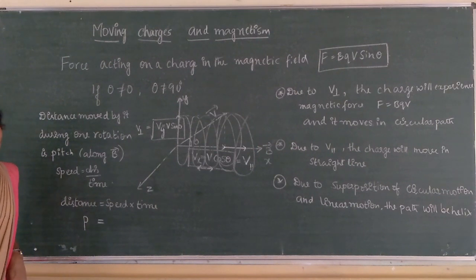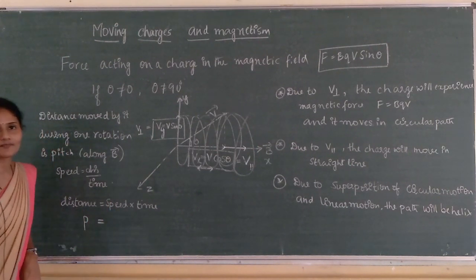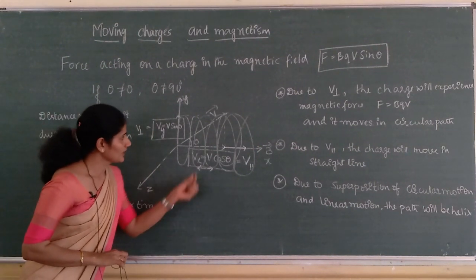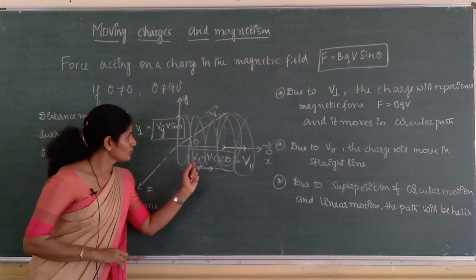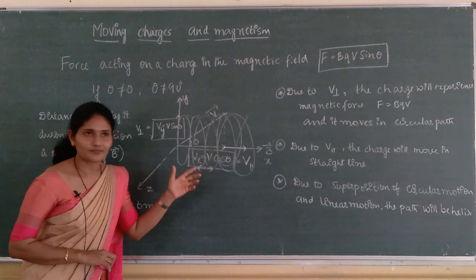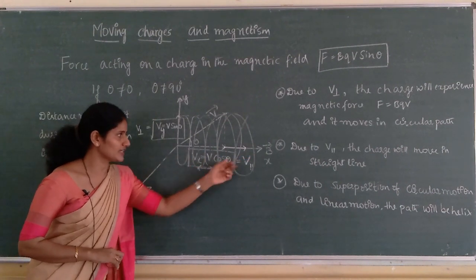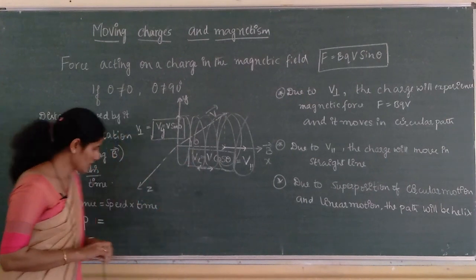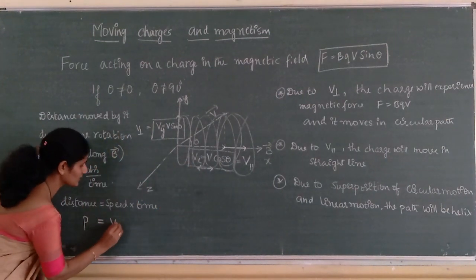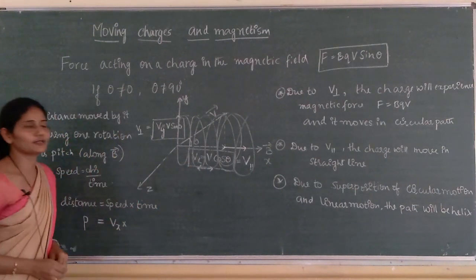Along the direction of the magnetic field, which component do we have to consider? Along the magnetic field we have the parallel component, that is Vx. So distance is Vx into time.